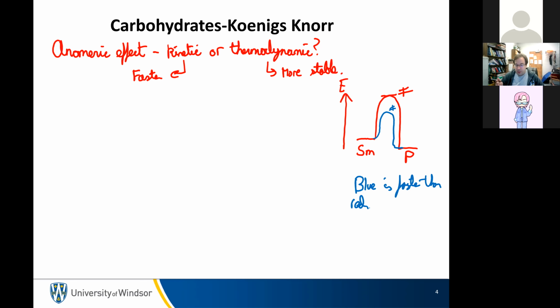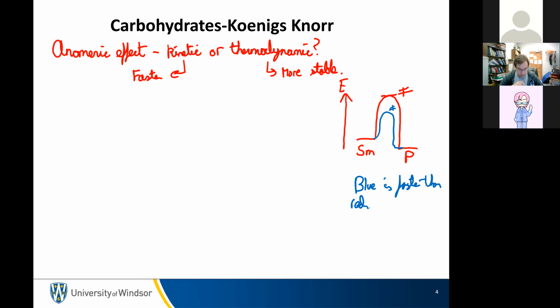Okay. If I wanted to change the thermodynamics of this reaction, let's say I wanted to make this reaction more thermodynamically favorable, what would I have to do to the reaction coordinate diagram? To lower the energy of the product.